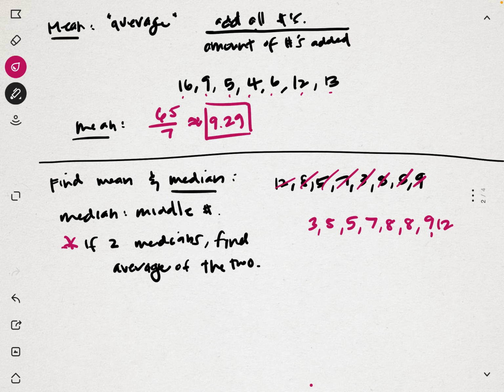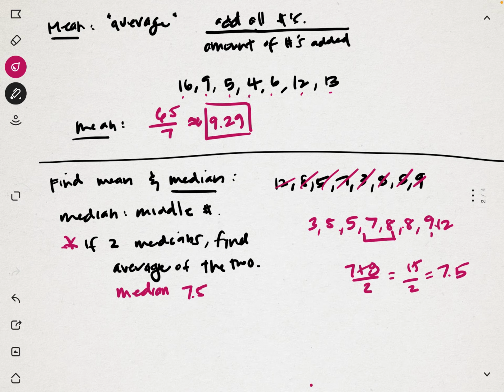Okay, so 1, 2, 3, 4, 5, 6, 7, 8. This is an even number, so we're going to have 2 numbers in the middle. The average of 7 and 8 is 7.5. Or we could do 7 plus 8 divided by 2. 15 divided by 2 is 7.5. So this is the median.